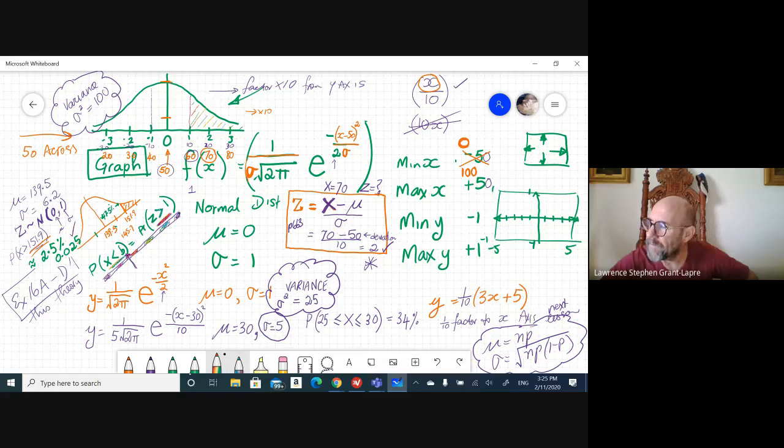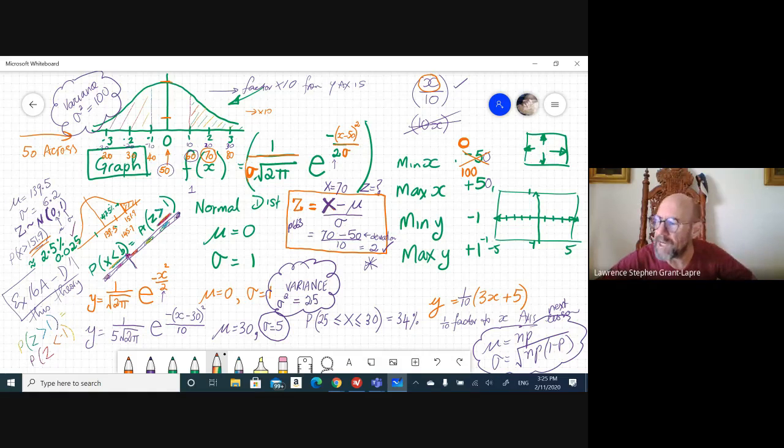We get that area over here, less than -1. By the way, the probability of Z being greater than 1 is the same as the probability of Z less than -1. We get the same areas.